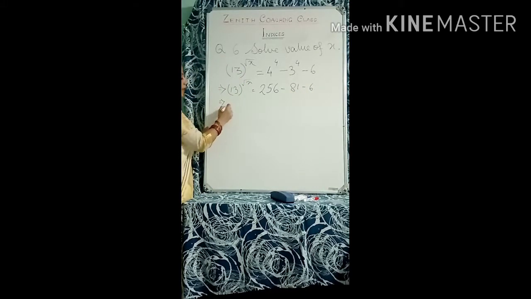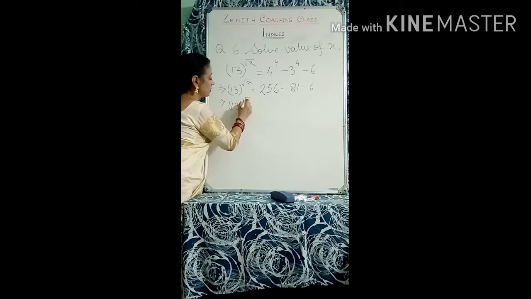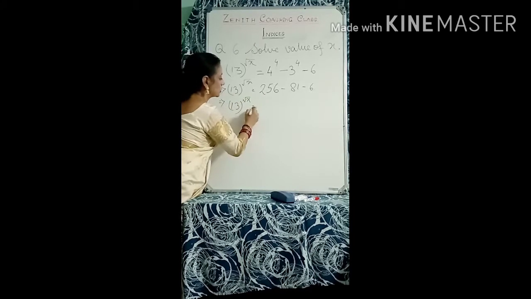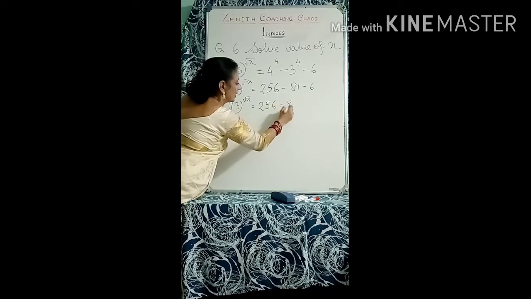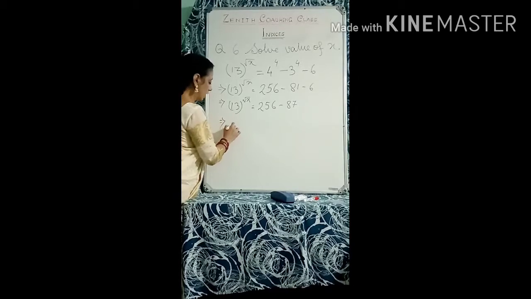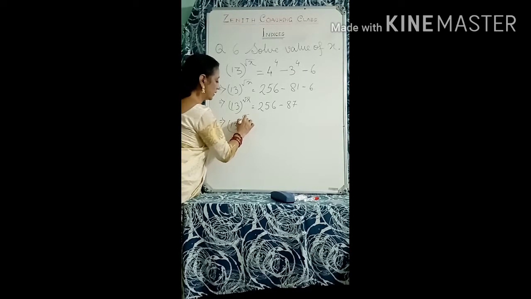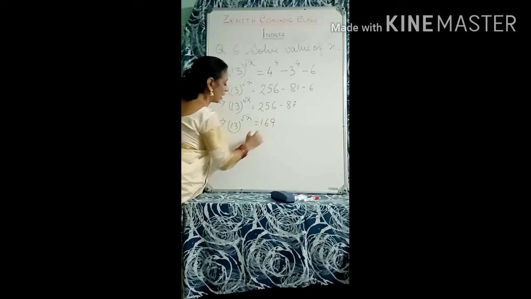So what you have to write? 13 to the power root x equals to 256 minus 87.